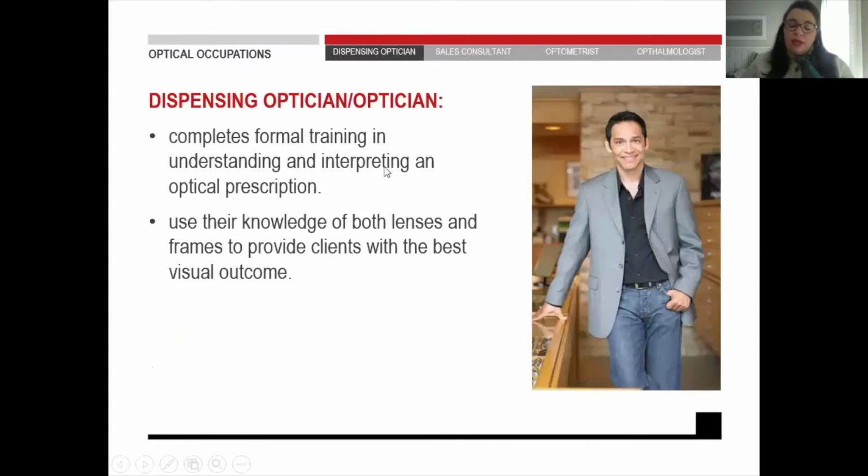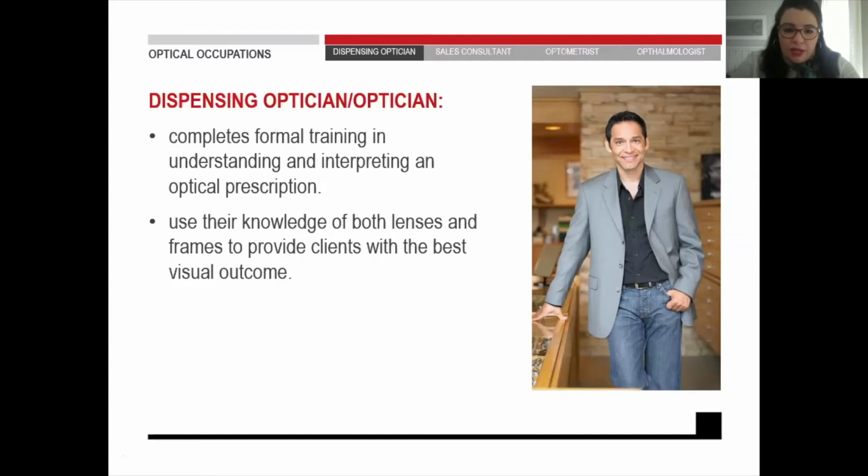Okay, so the first role we're going to discuss is a dispensing optician or an optician. In South Africa, we call them an optical dispenser or just a dispenser. So this is someone that finished school and then went to university to complete a formal degree or a diploma in optical dispensing.